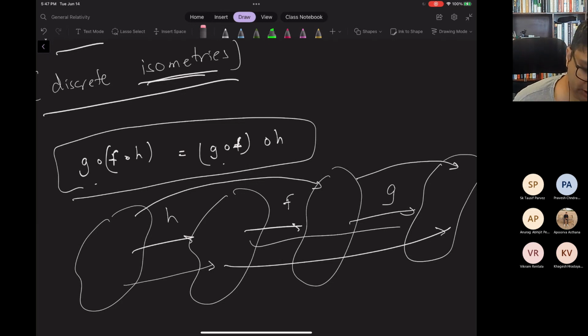There's a unique image for every point P in the final place, so there's a unique final point that I'll always end up at, given H, F, and G.